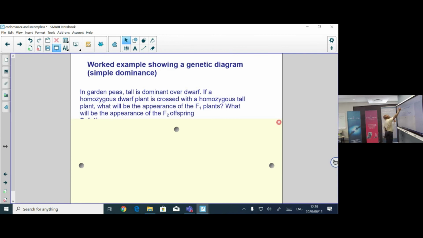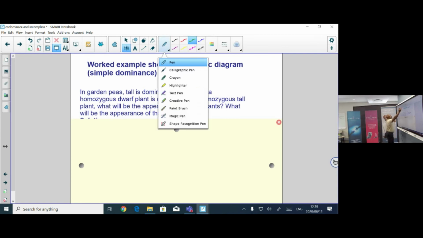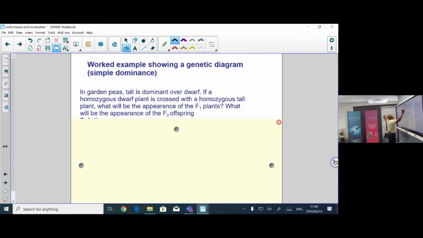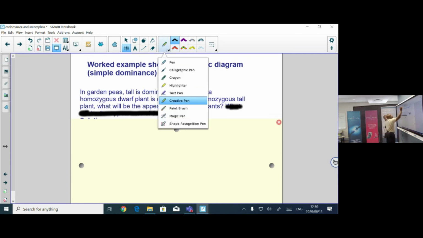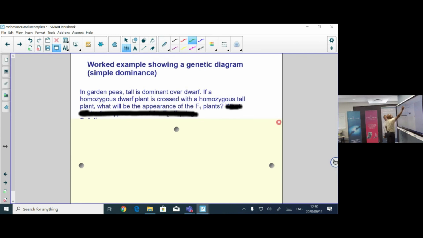For today, let us ignore part 2. Just ignore part 2. So there's my question. Tall is dominant over dwarf.